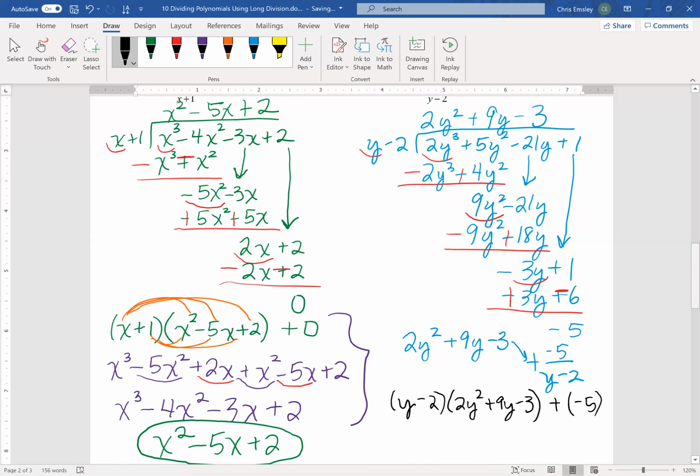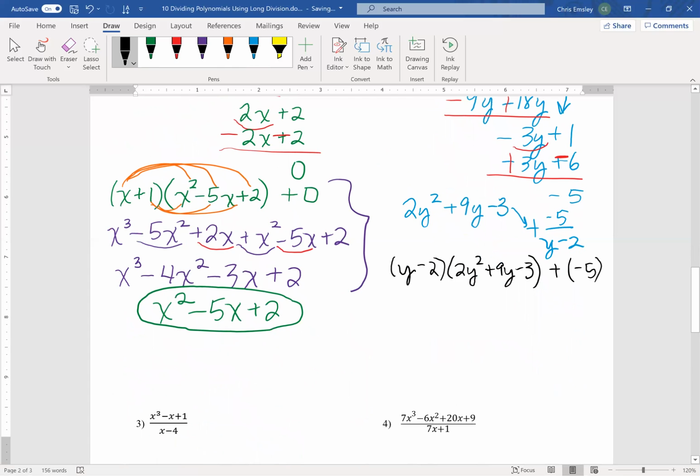Okay, so again, we need to do some multiplying of polynomials here. We'll distribute the y first. Colors are jumping around on me, just a second, here we go.